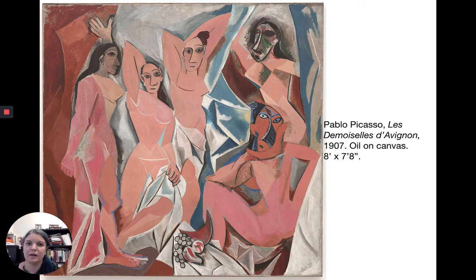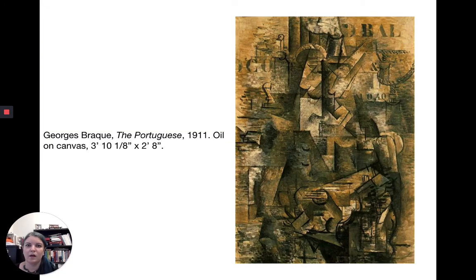Okay, let us look at another piece. This is a piece by Georges Braque called The Portuguese. Georges Braque was born in 1882 and lived until 1963. He grew up in Le Havre, the same hometown as Monet, at the mouth of the Seine.